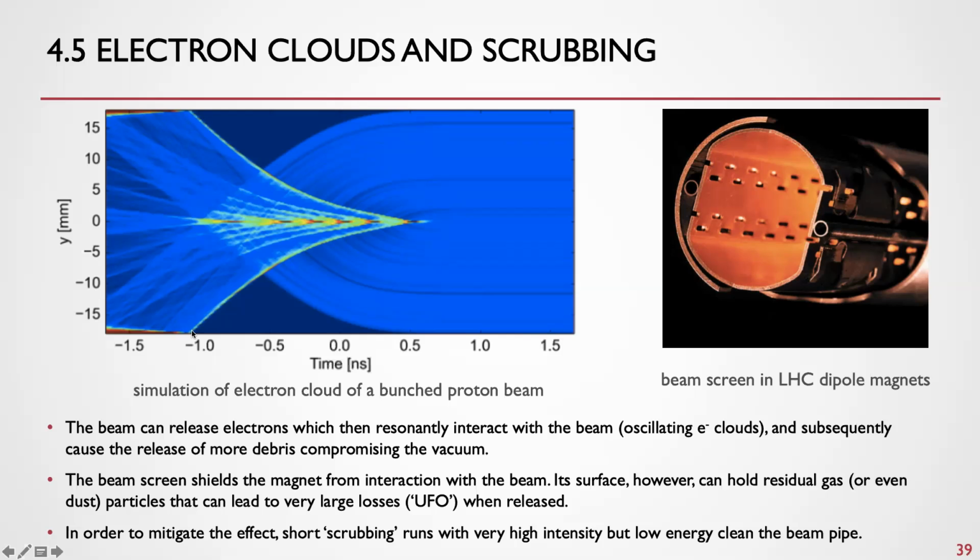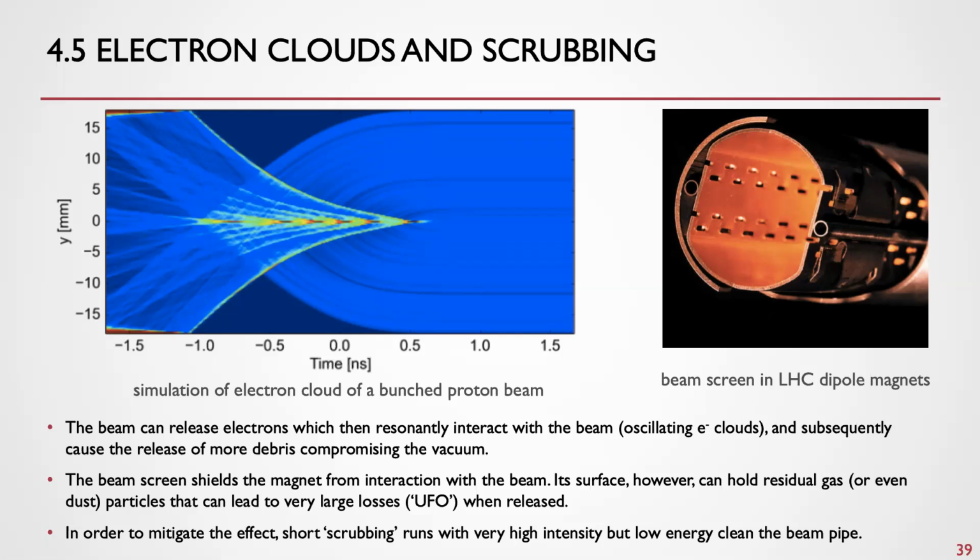So this means stray electrons in the beam pipe, if a bunch goes through, are accelerated in the radial direction and hit the beam pipe with large enough energy that they can, in principle, release more electrons. And if you have more electrons, the next bunch can then do the same and increase the amount of electrons further.